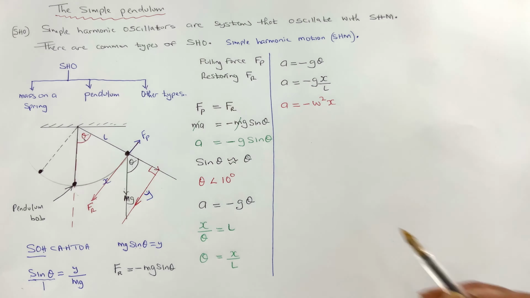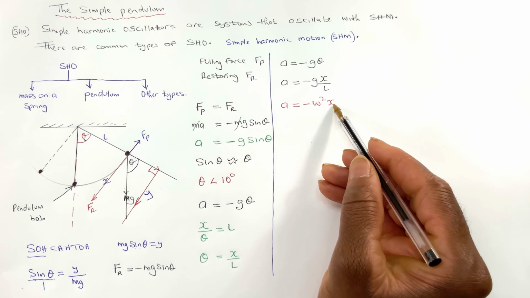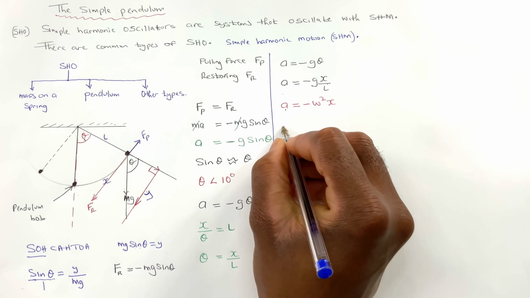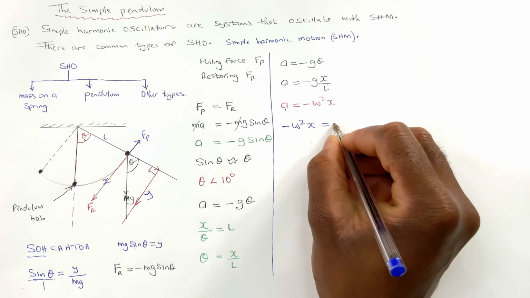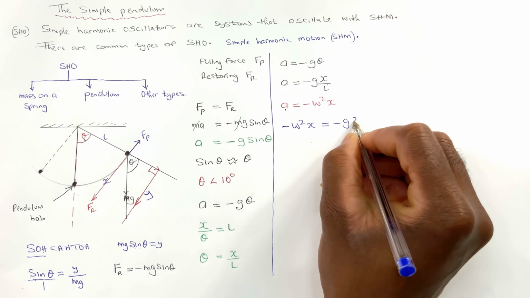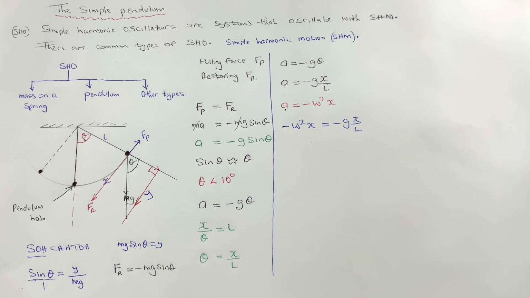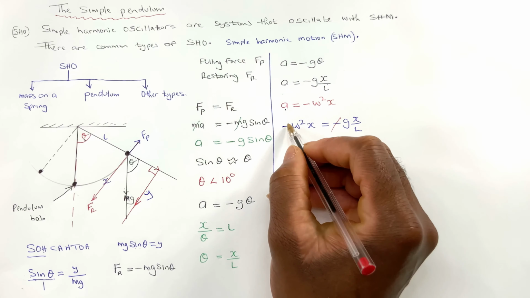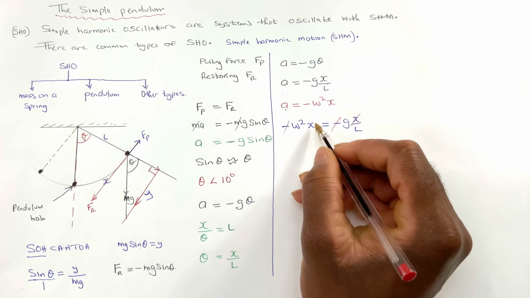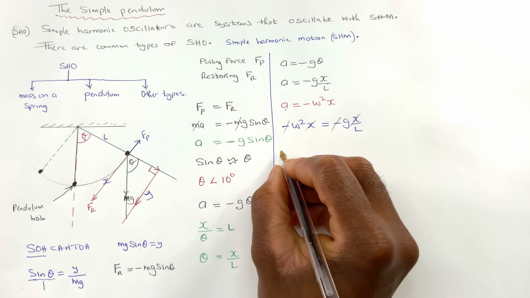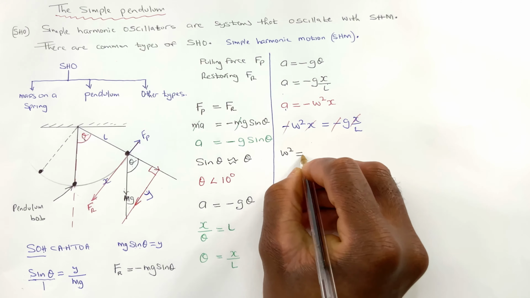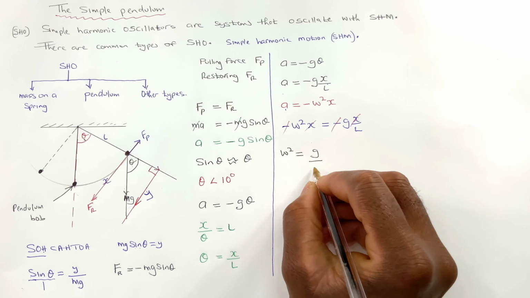And so I can replace a here with that, and therefore we get minus omega squared x equals minus g x over L. Now you can see we cancel minus, we cancel x, and therefore I get omega squared equals g over L.